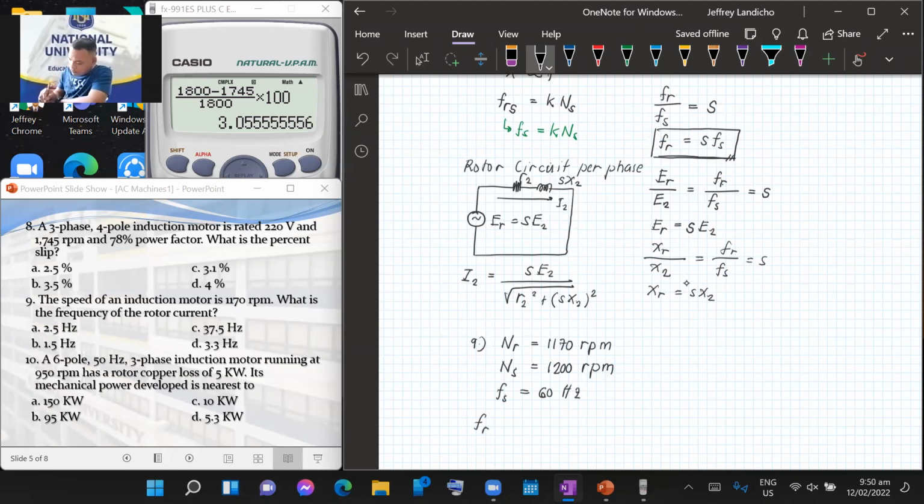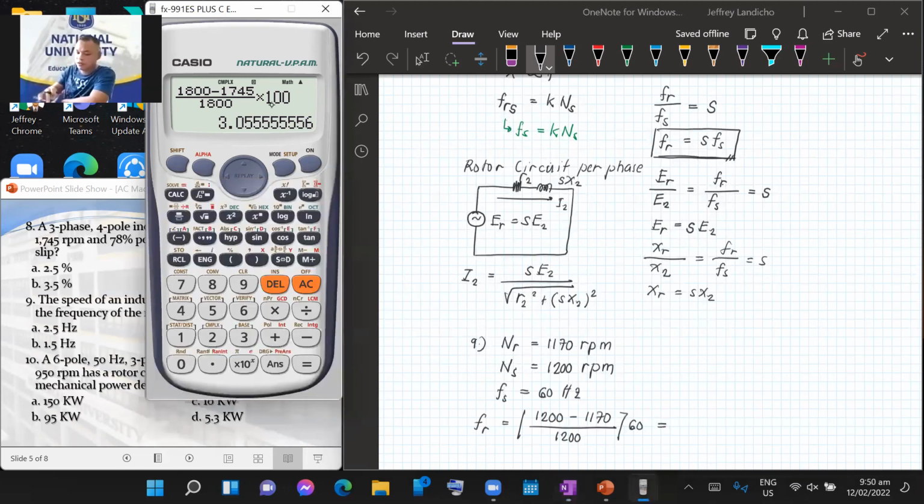Therefore, rotor frequency should be equal to (1,200 minus 1,170) divided by 1,200. That is the percent slip multiplied by 60. So, meron tayo sagot. Yan lang ang solution. Times 60.